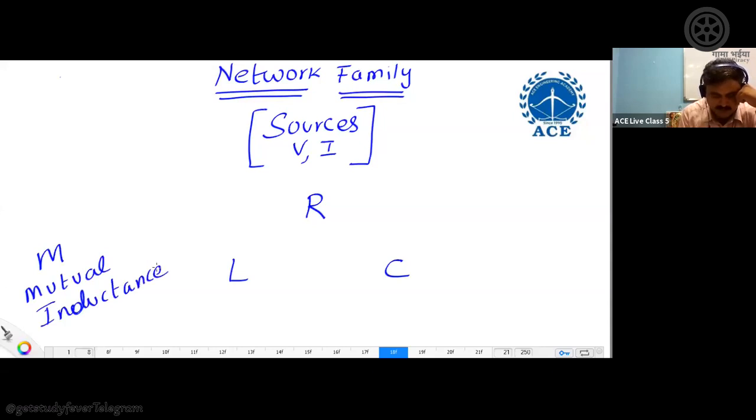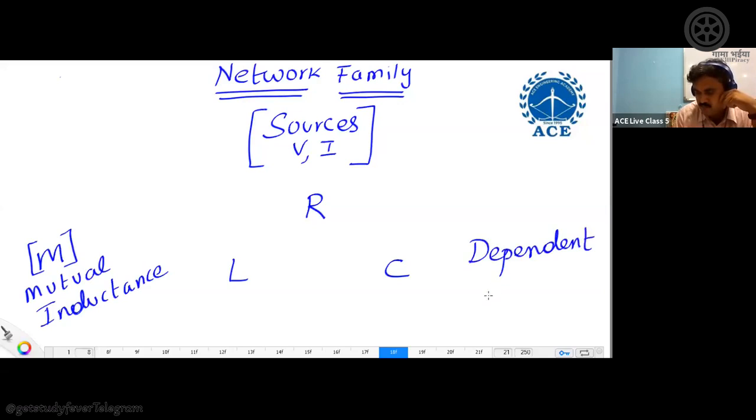This we will study when we are dealing with coupled circuits. And then there are dependent sources. So in the total network, in our coming classes, you will not see anything apart from this.